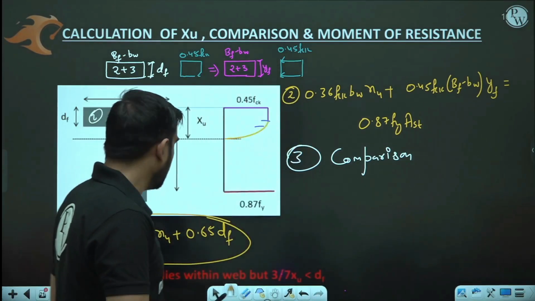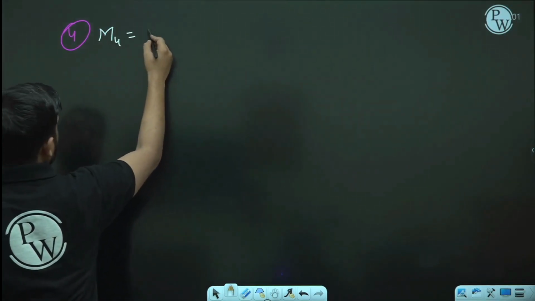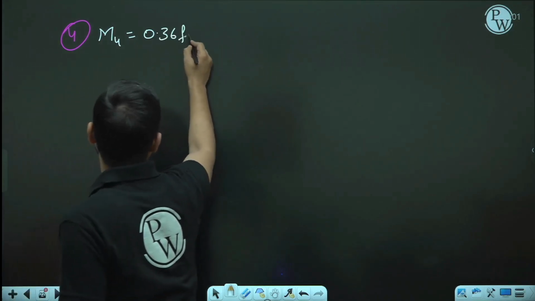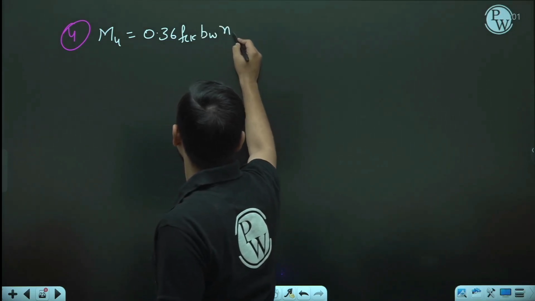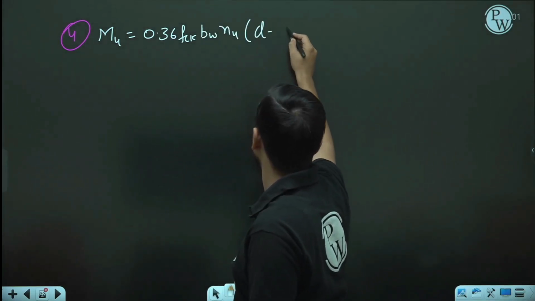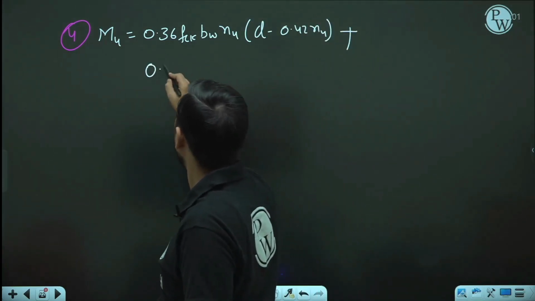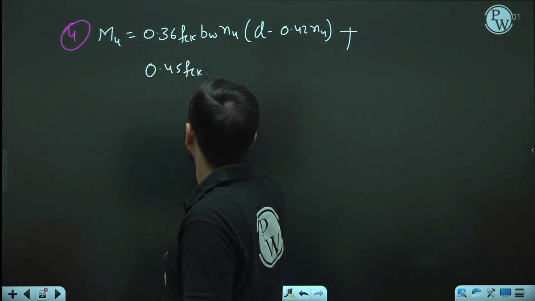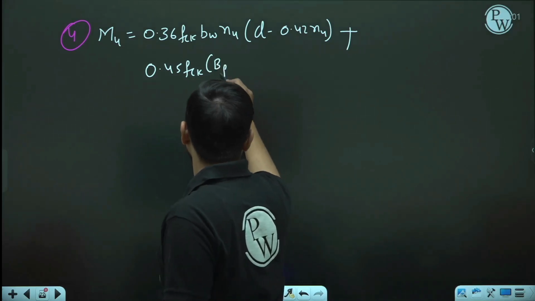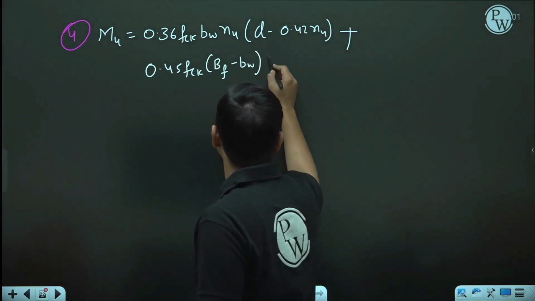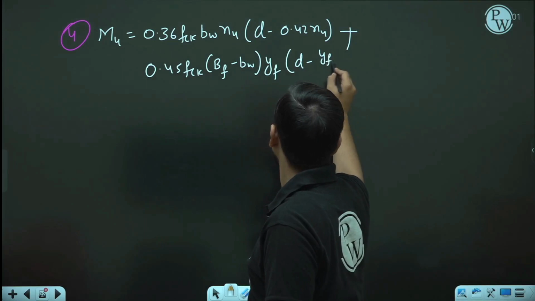So after comparison, you can find the value of moment of resistance. So it is 0.36 FCK BW into XU, and the lever arm for this is D minus 0.42 of XU, and after that the remaining portion is 0.45 FCK, and it is BF minus BW into YF multiplied by D minus YF by 2.